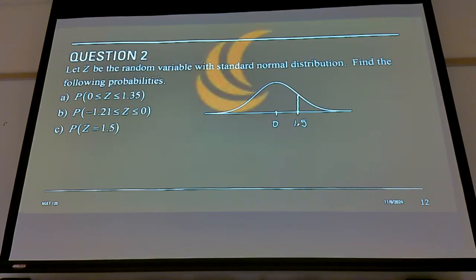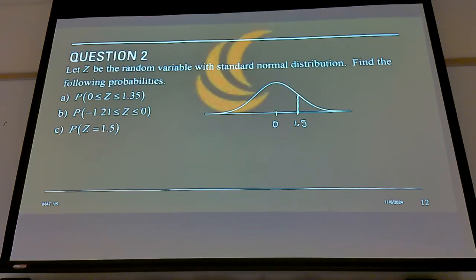Is that what the probability is asking for? If I'm looking to the right, what would the inequality be? Is that greater than or equal to? Just still 1.5 in the chart. Again, that only gives you area to the left.